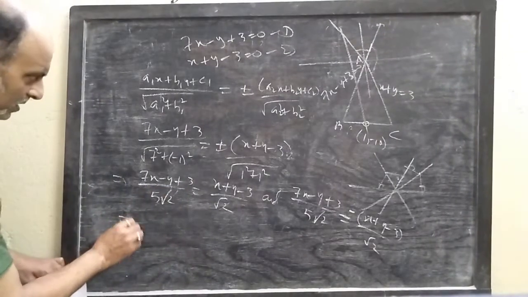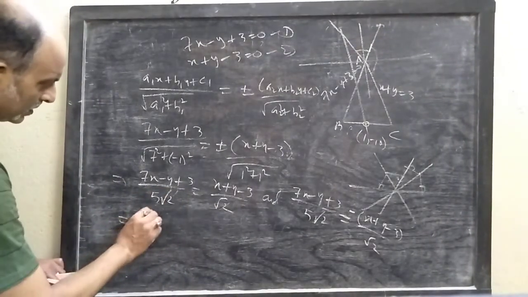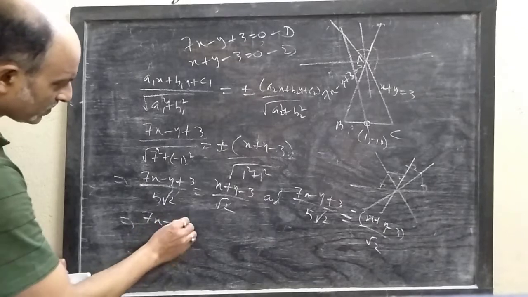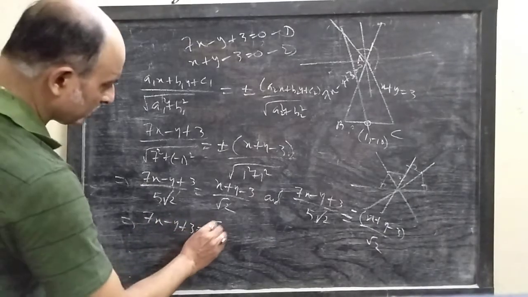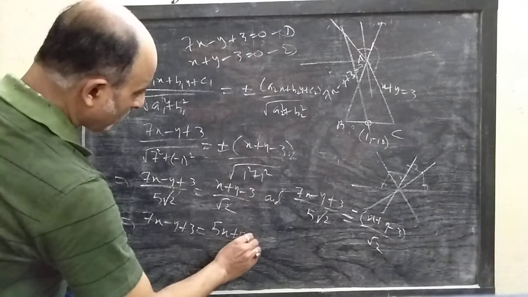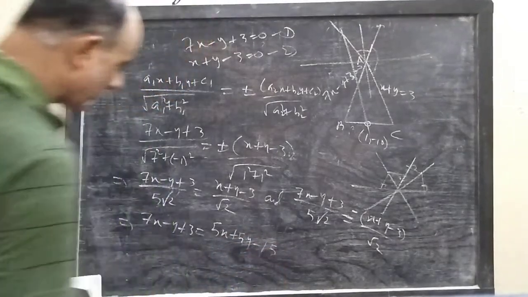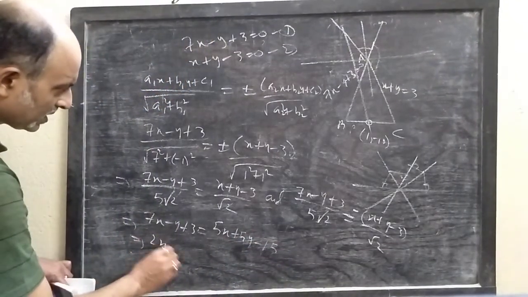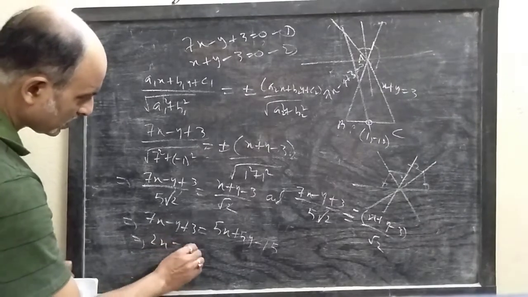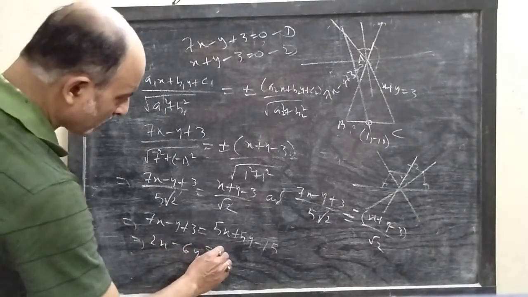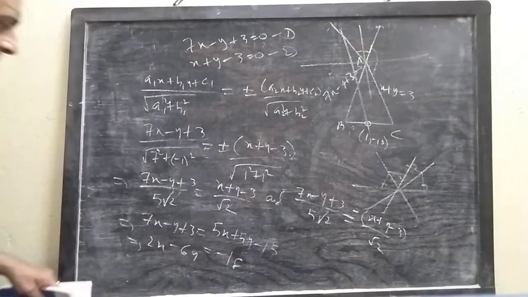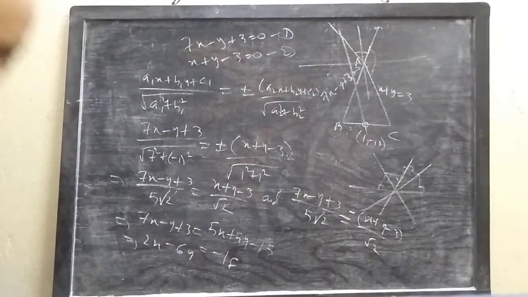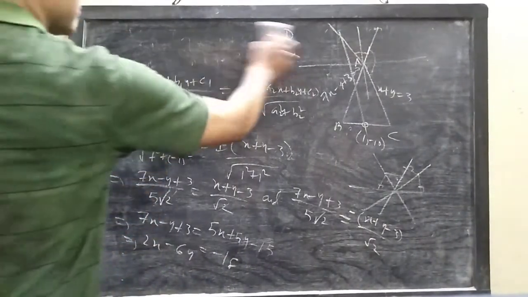We get from this step 7x minus y plus 3 equals 5x plus 5y minus 15. That gives 2x minus 6y equals minus 18.